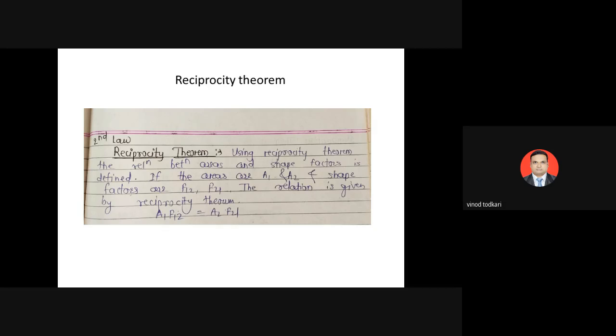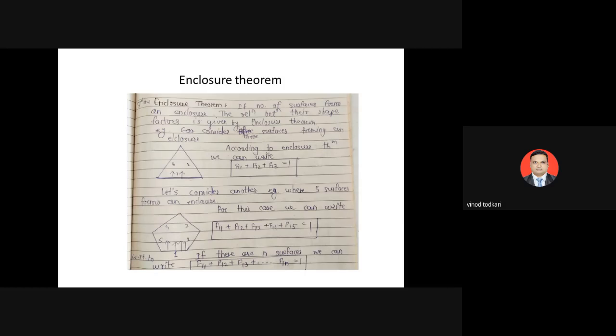What is F12? F12 is shape factor of 1 with respect to 2. What is F21? F21 is shape factor of 2 with respect to 1. So if the areas are M and N, I can write a generalized equation: AM F(MN) is equal to AN F(NM). I believe that it is clear to you.